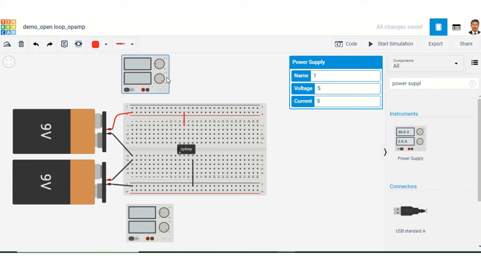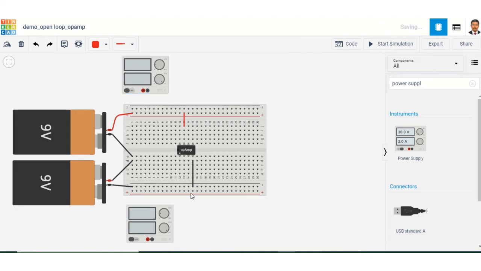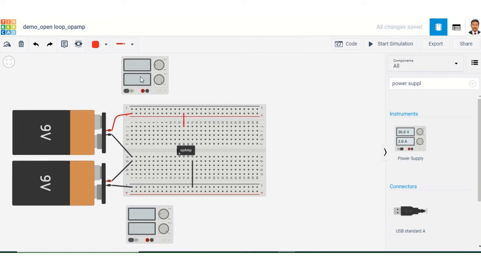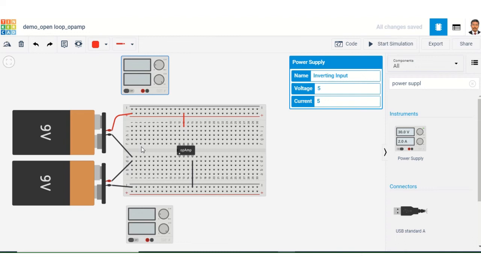Let me name these: this is the inverting inputs, and this DC power supply is for the non-inverting inputs. So the inputs are ready. This is inverting input and this is non-inverting input.